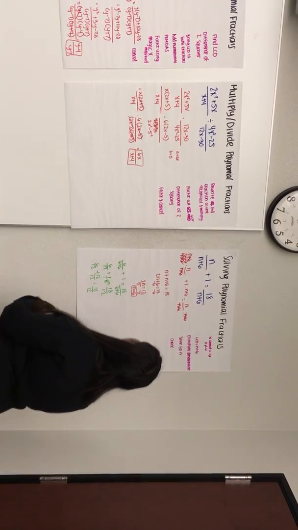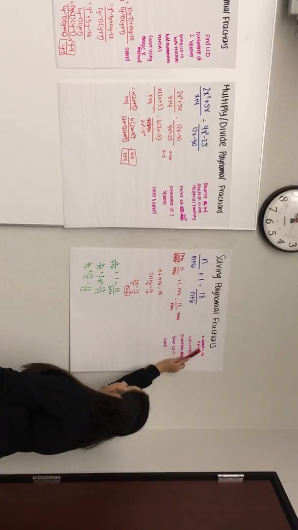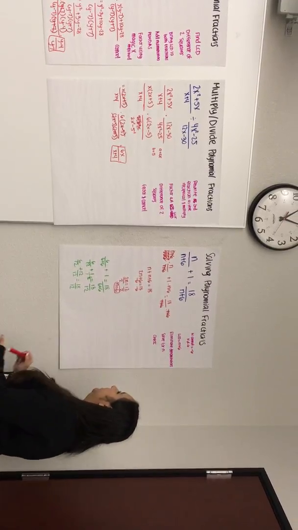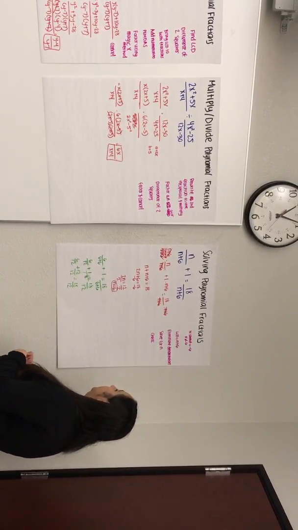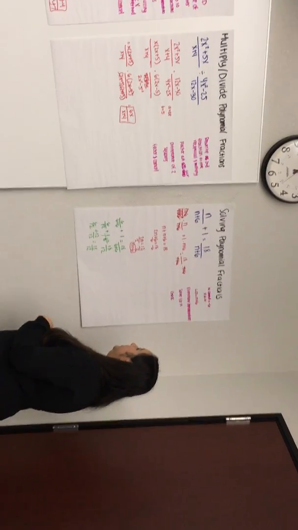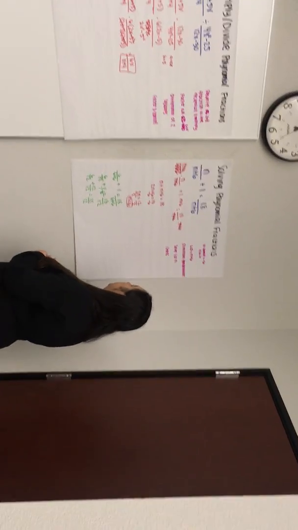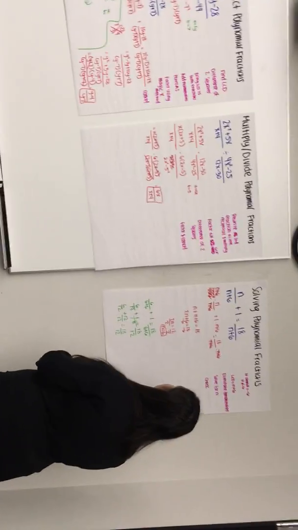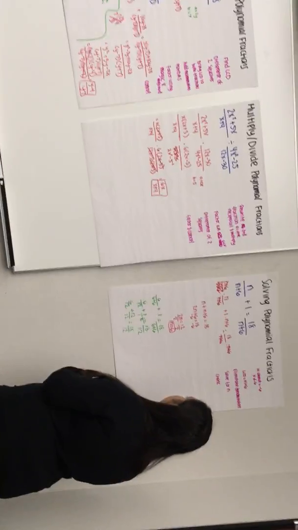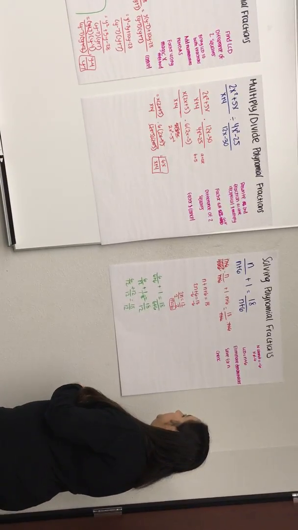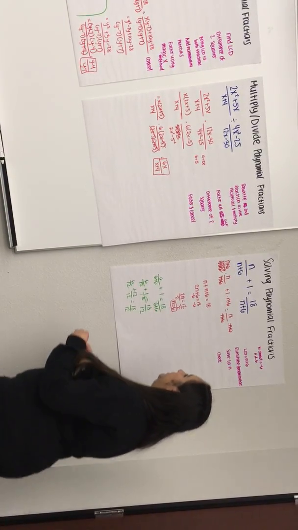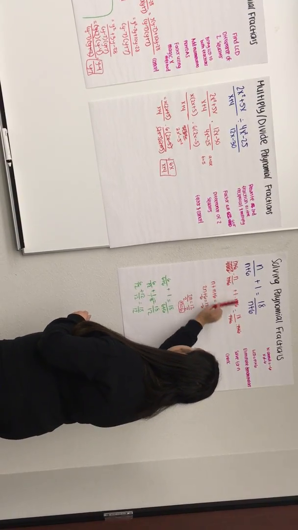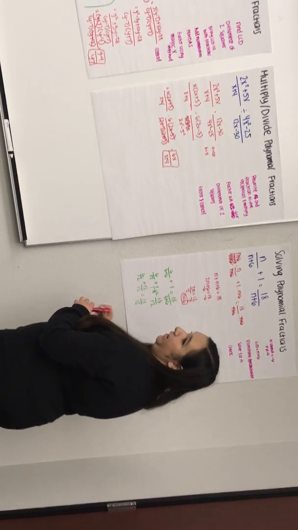So we know that n cannot equal negative 6. Then what you want to do is find the LCD, which is already here for us, so the LCD is n plus 6. And to eliminate the denominator, you need to multiply the entire equation by n plus 6.